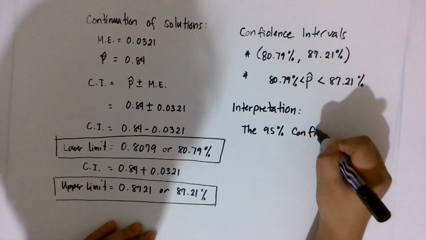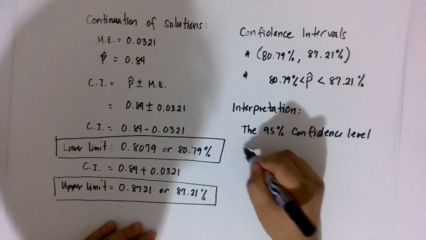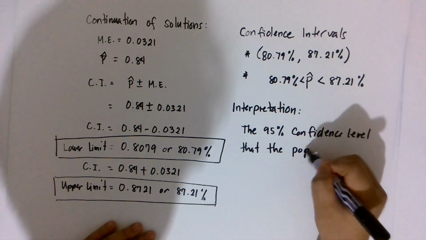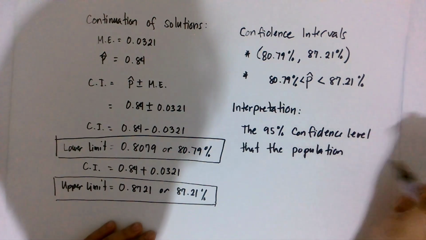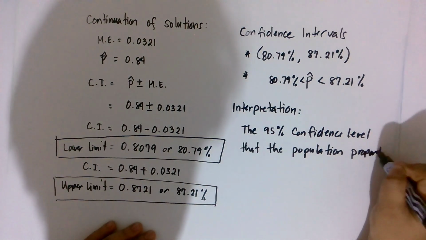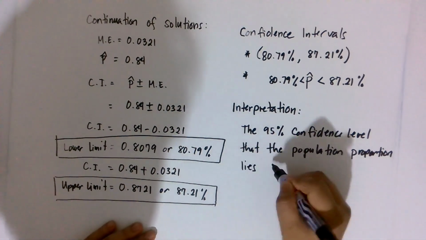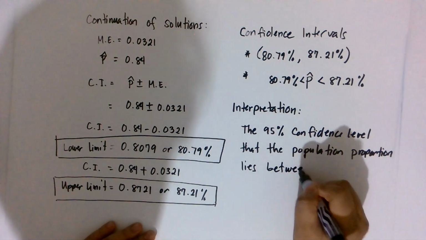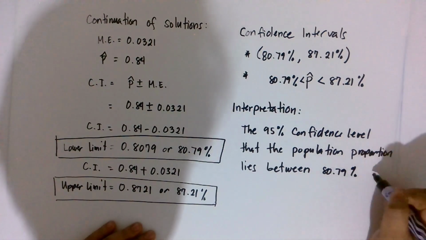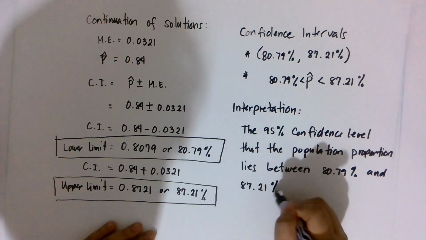Okay, so the 95% confidence level that the population proportion lies between 80.79% and 87.21%.